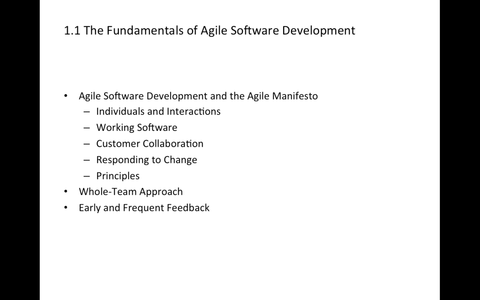As I said, the Agile Manifesto contains 4 statements: responding to change over following a plan, customer collaboration over contract negotiation, working software over comprehensive documentation, and individuals and interactions over processes and tools. So let's start with, first of all, what individuals and interaction is.